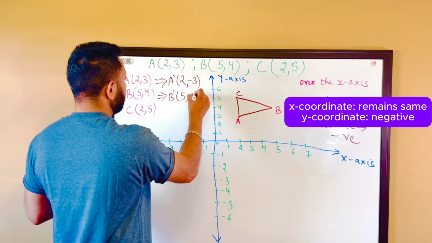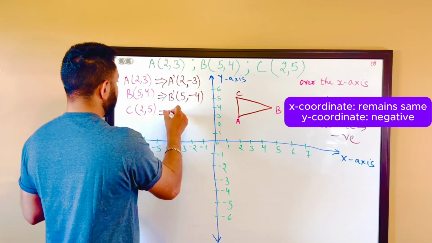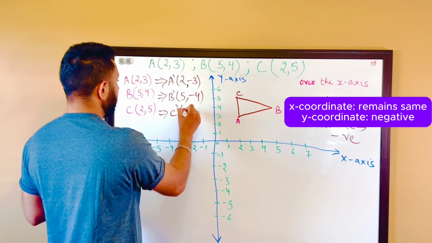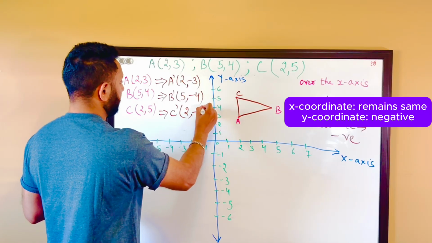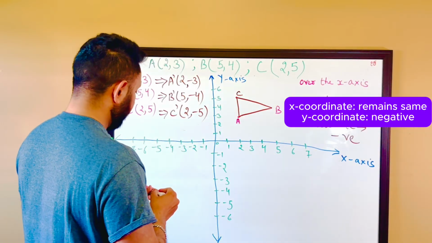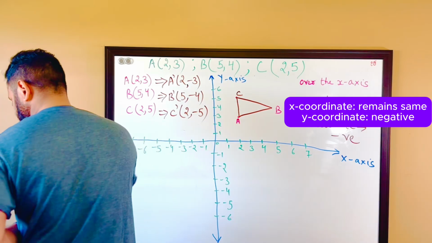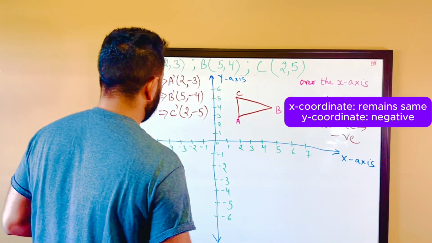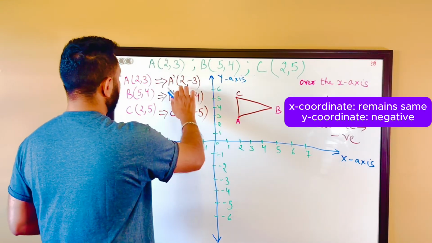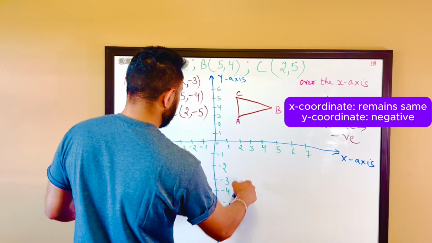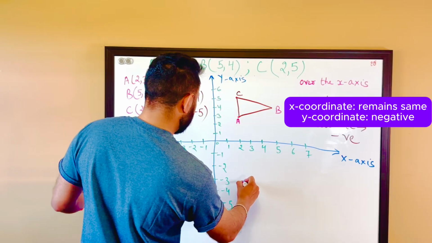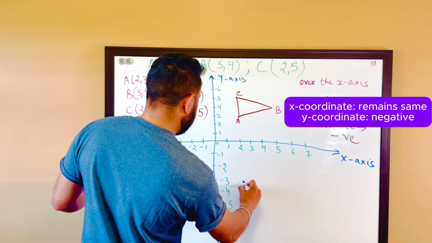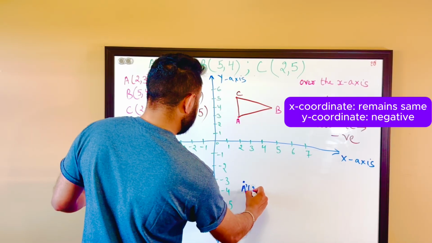So 5, minus 4, and C dash will be 2, minus 5. Now we're gonna mark these coordinates here on the graph. So 2, minus 3. So this is A dash, 2, minus 3.